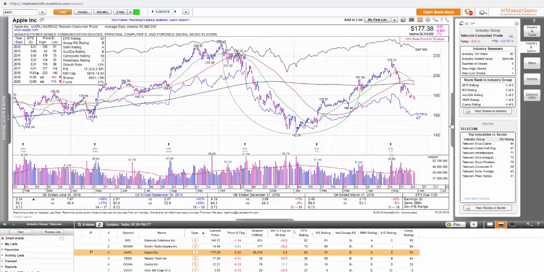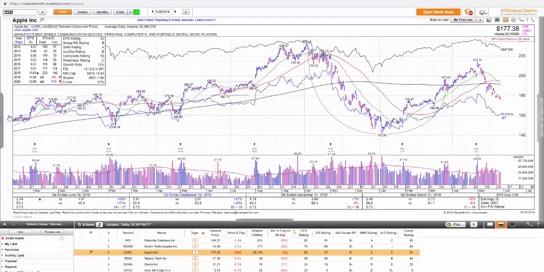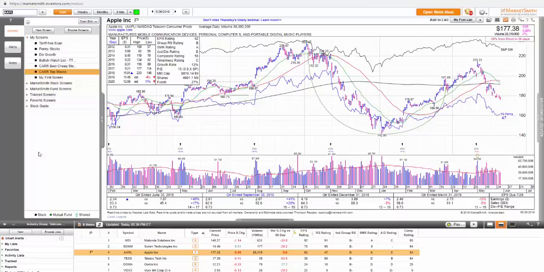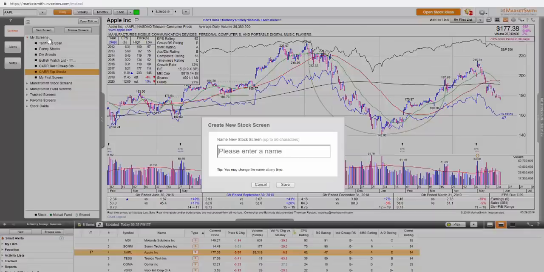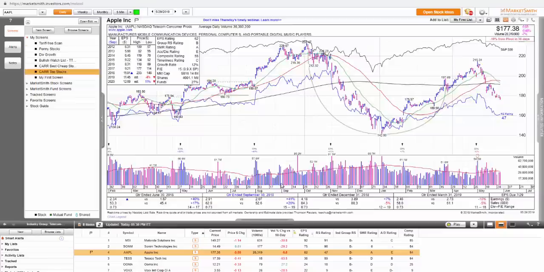Over here off to the left side of the chart is what I really want to focus on today, and that is the screening tool. If I wanted to create a new screen, I would click on this button, and let's try a new stock screen, and let's just name it new screen. Save it.